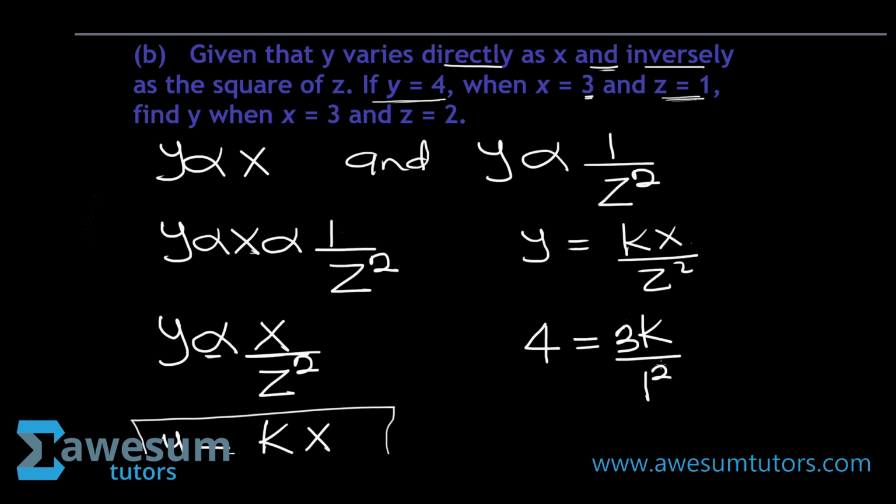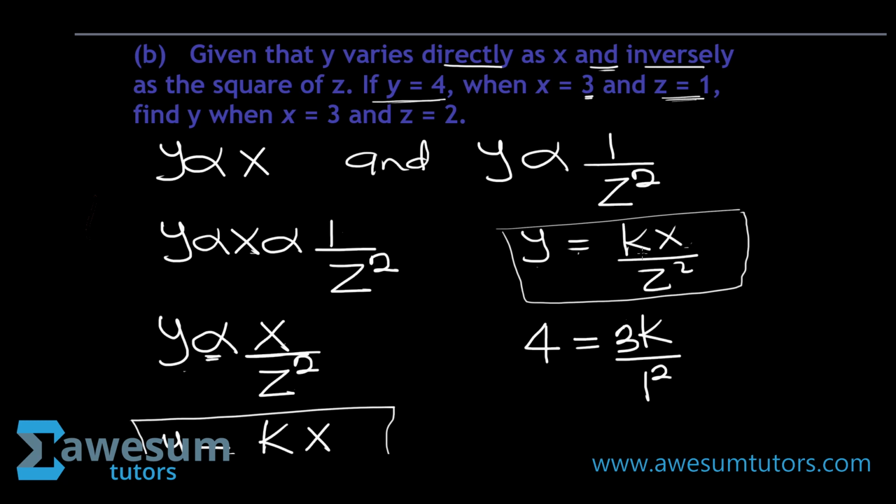Take note of that again. Remember, this was what we arrived at when we changed the sign of proportionality, because we had already said y is directly proportional to x and inversely proportional to z squared. We took away the sign of proportionality, put equals, and then put a constant.